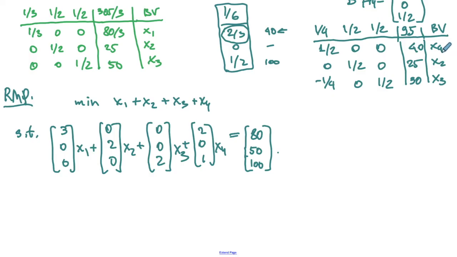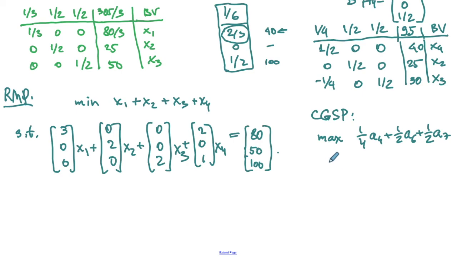So we are now ready to formulate the column generating subproblem. We use the optimal values of the dual variables as the coefficients in the objective for our knapsack problem. So we have maximize 1/4 times a4 plus 1/2 times a6 plus 1/2 times a7 for the objective.